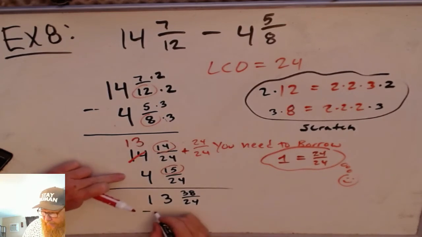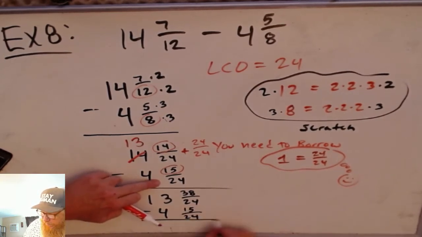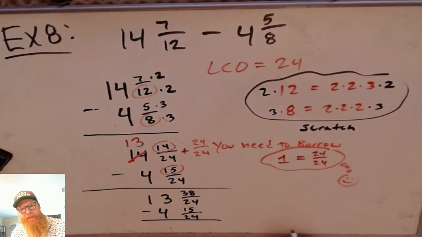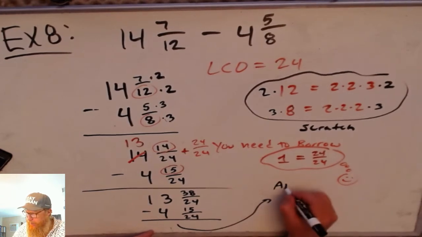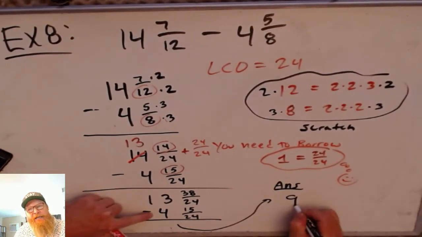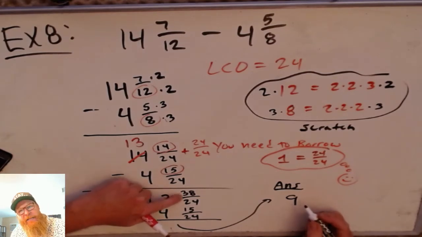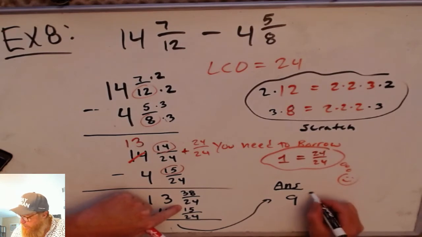And then the bottom is 4 and 15 24ths. I'm running out of room. Normally I'd put my answer down here, but I'm going to put it over here. 13 minus 4 is 9. And then 38 minus 15 is 23.